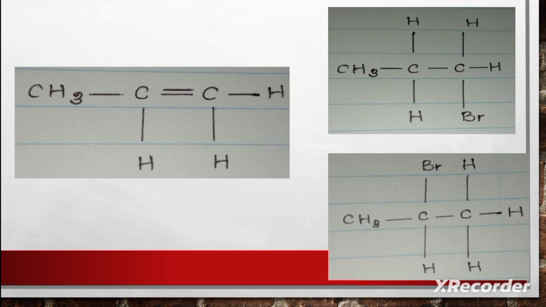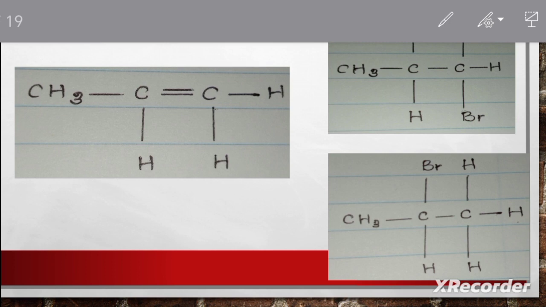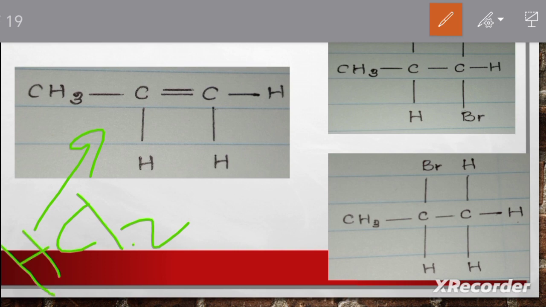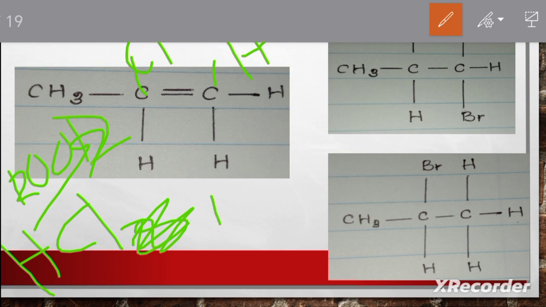If you want to add an HCl molecule here, hydrogen goes to the place with higher number of hydrogen and chlorine goes to the place with lower number of hydrogen. Even though we add HCl in the peroxide medium, the result will be the same, without any change.